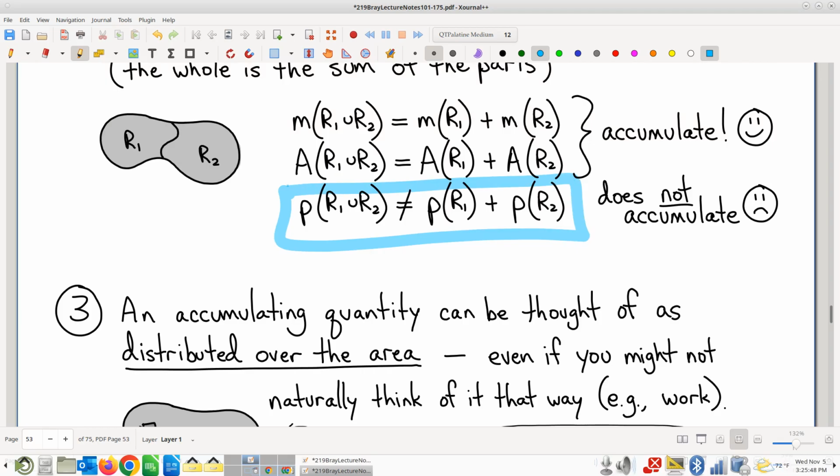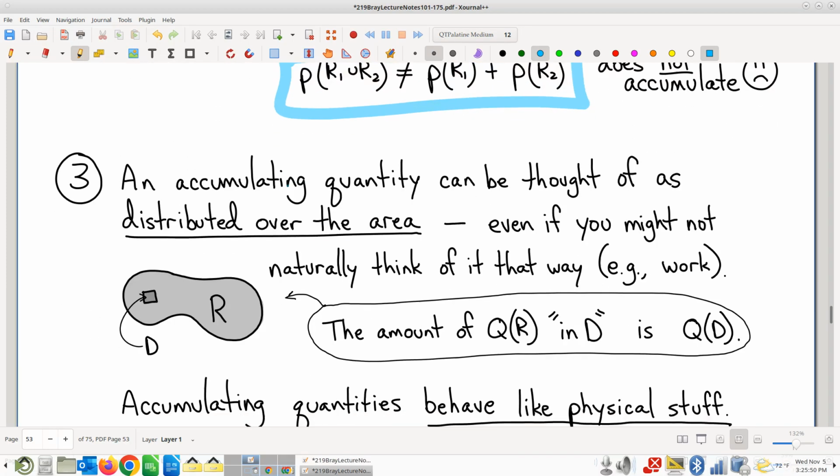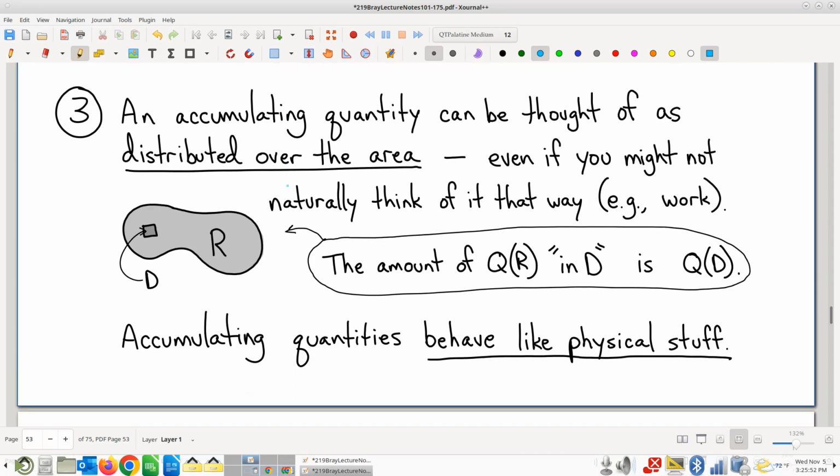This would be a real problem. If you tried to think of perimeter as a substance, I'd be looking at the perimeters of all of these individual regions and adding those up, and I would get the wrong answer.